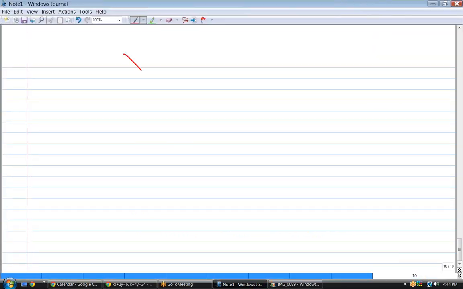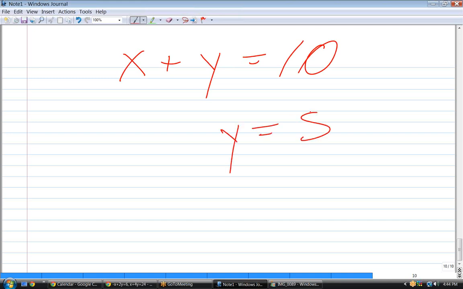Let's say I have two equations and they're not both in standard format. One of them is already defined, like y equals 5. We're not going to solve this by elimination. We're going to solve this by substitution. Remember those two words, substitution and elimination, because those are the two primary ways we solve two equations with two variables.